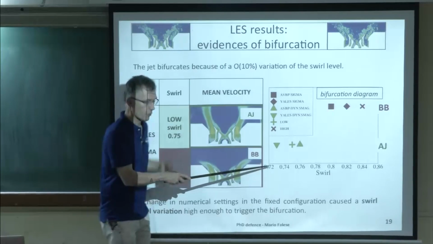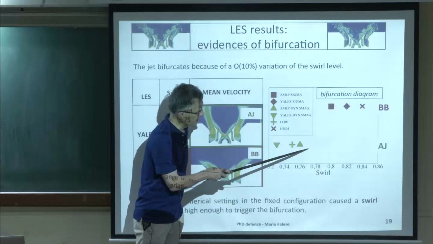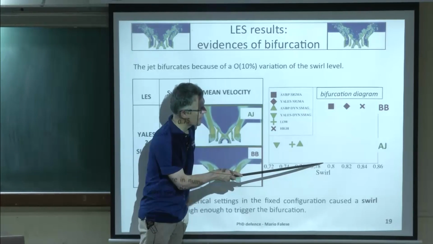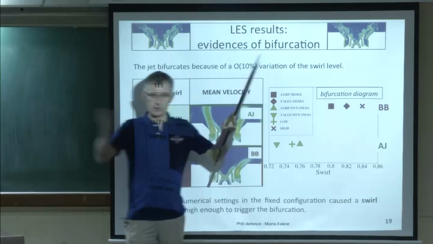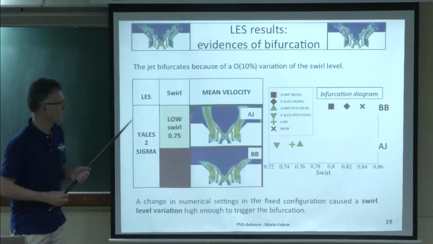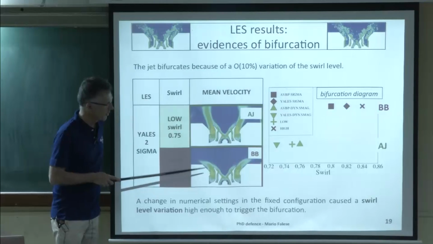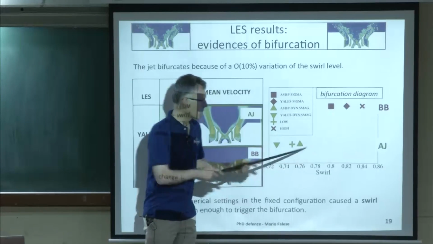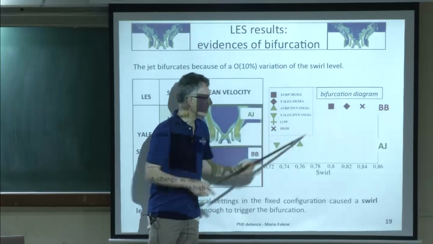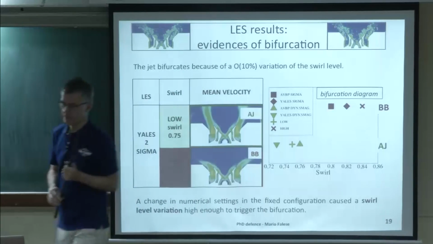We changed the swirl the way we want now. And you see indeed that at the swirl number of 0.79, the jet suddenly goes from actual jet to a blasted jet. So this confirms that there is a transition somewhere. And if your code goes one way or another, you find one position or another position.